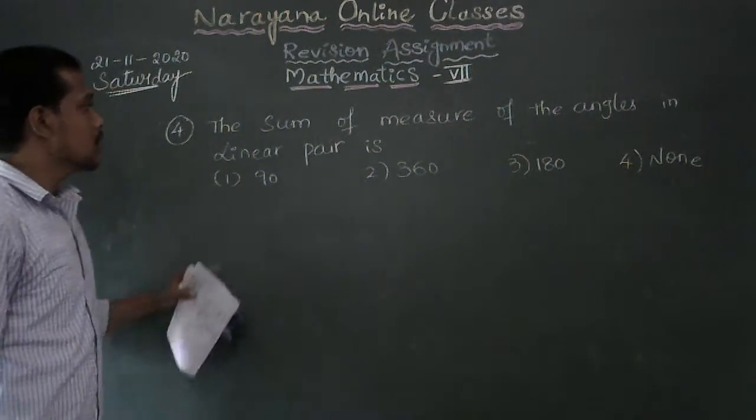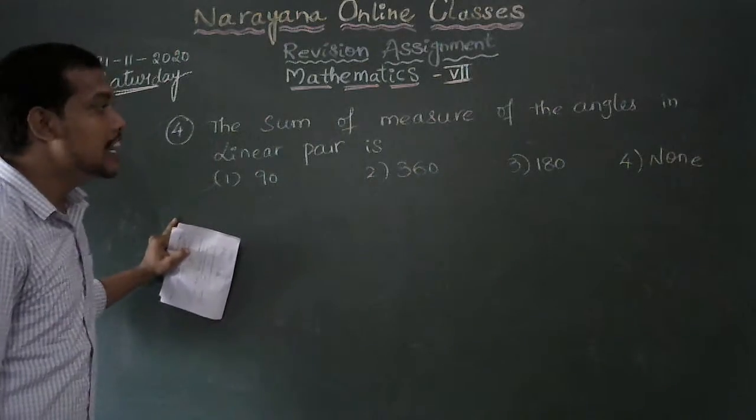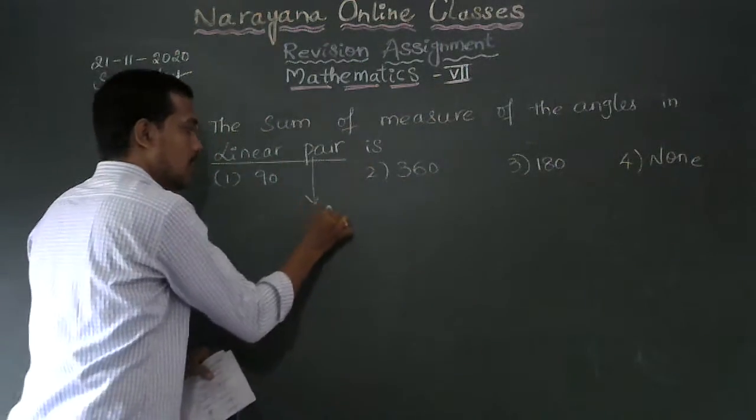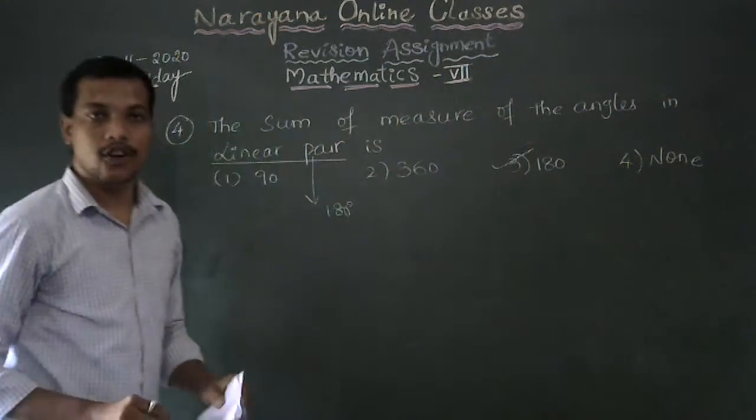So the sum of the measure of the angles in a linear pair is 180 degrees. The third option is the correct option.